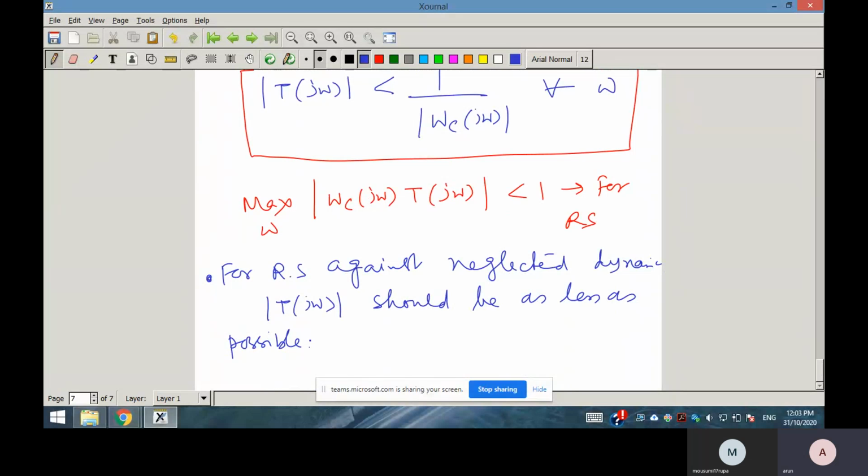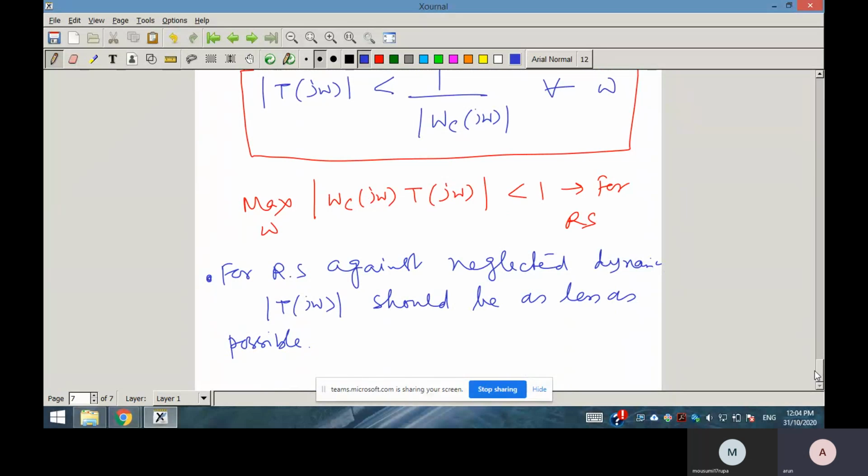But the problem is T j omega is L j omega divided by 1 plus L j omega, so it is not possible to make T j omega small at low frequency. T j omega is approximately 1 at low frequency, but the neglected dynamics becomes dominant at high frequency only.